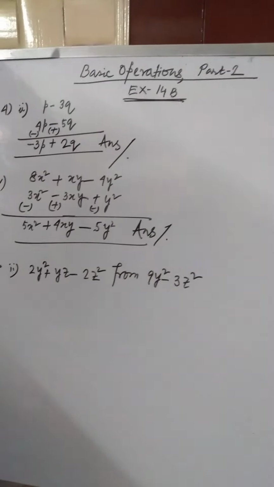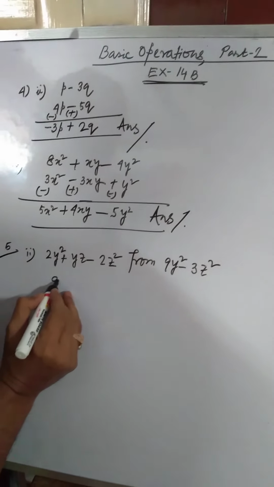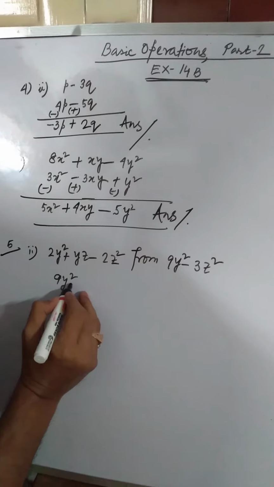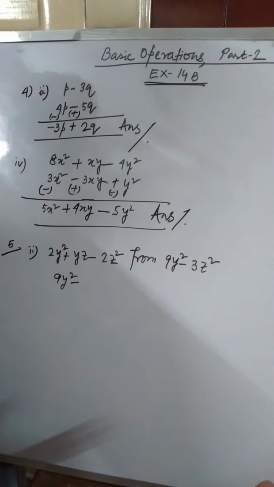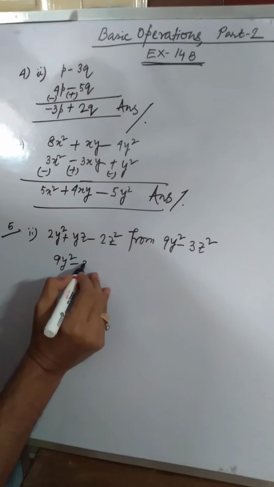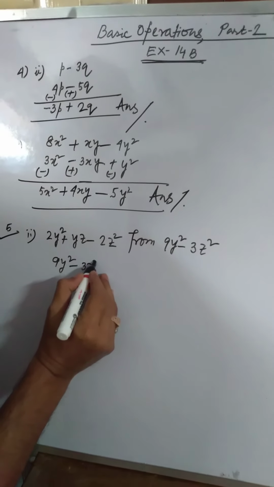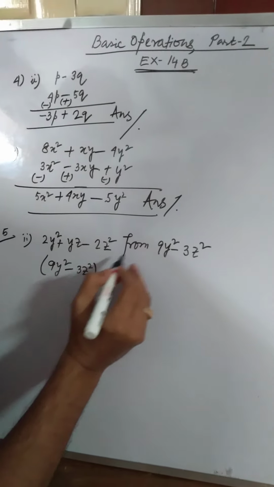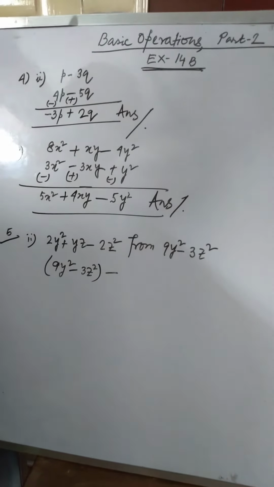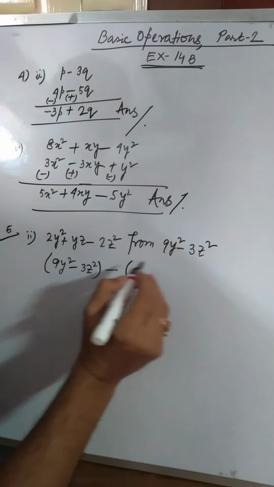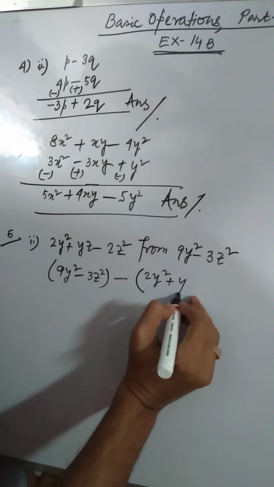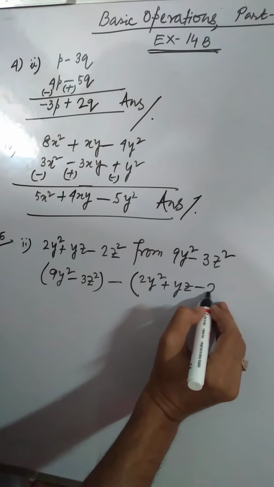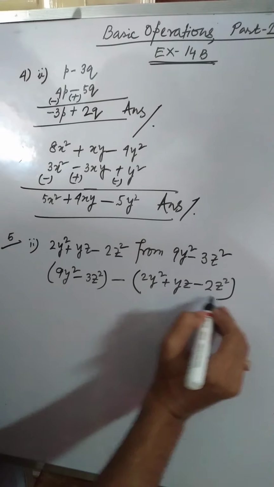So write it down. 9y square. You may do it column wise or in that simplification form, that is your choice. Minus 9y square minus 3z square. Within the bracket, give the negative sign or minus sign. Within the bracket, 2y square plus yz minus 2z square.